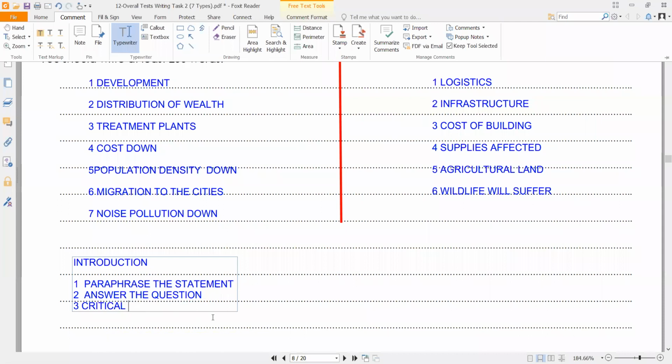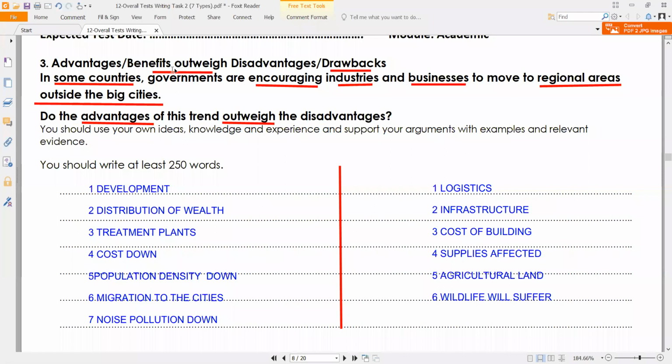So if you have a look at the question here, in some countries, governments are encouraging industries and businesses to move to regional areas outside the big cities. If you have a look at that, you need to say the same thing that you're hearing, like in some countries, governments are encouraging industries and businesses to move to regional areas outside the big cities.